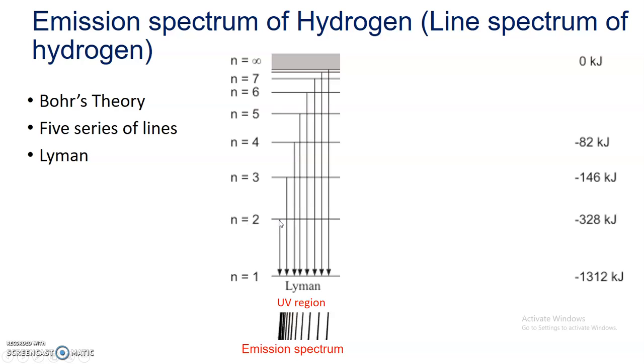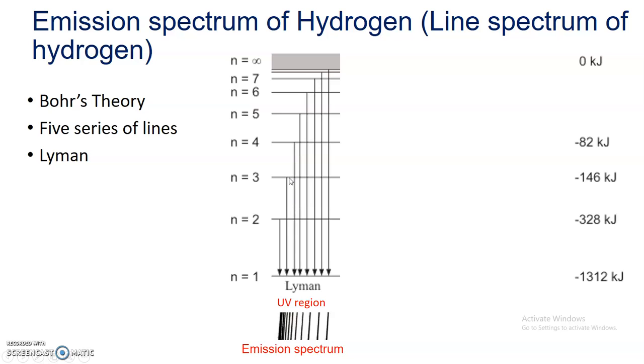Now from the n = 2 level, when the electron comes back to the ground state, it emits energy in the form of a photon, and that emitted energy shows a line in the emission spectrum. That is the line spectrum of hydrogen.